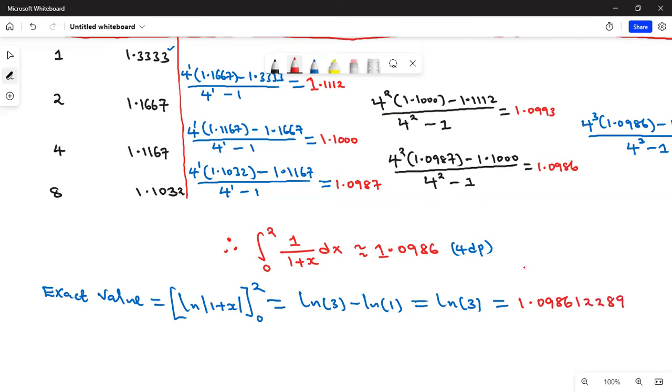So this is the exact value of that integral. When you round off to 4 decimal places, you get 1.0986. And you see what we got using the Romberg integration? We also got 1.0986. So it tells you that Romberg integration will give the most accurate solution of a definite integral.